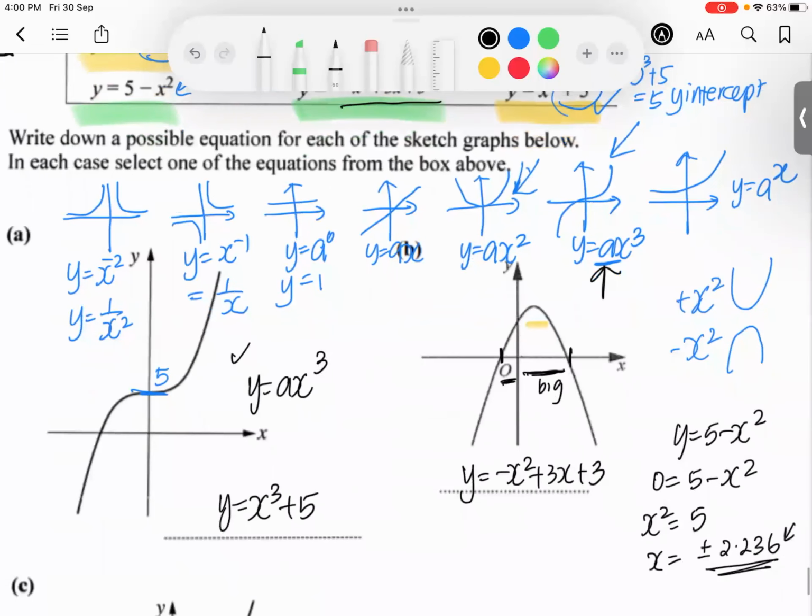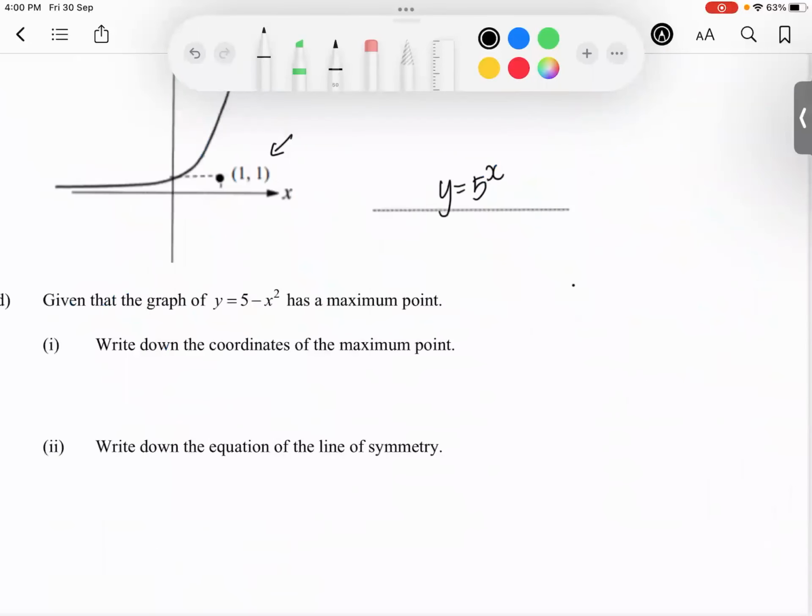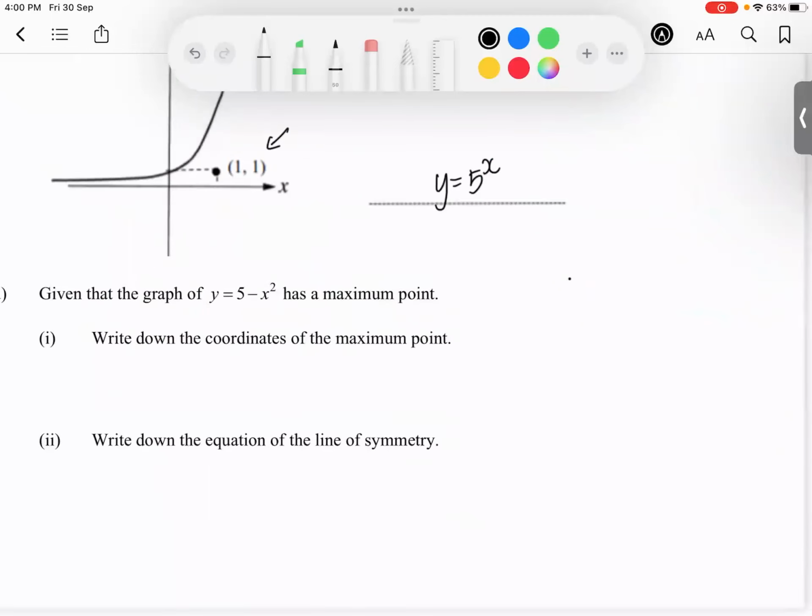Okay, last part of our graph. Given that the graph of this has a maximum point, write down the coordinates of the maximum point, write down the equation for the line of symmetry. To be safe, if you are not sure about quadratic graphs, always use I, L, I for intercepts.